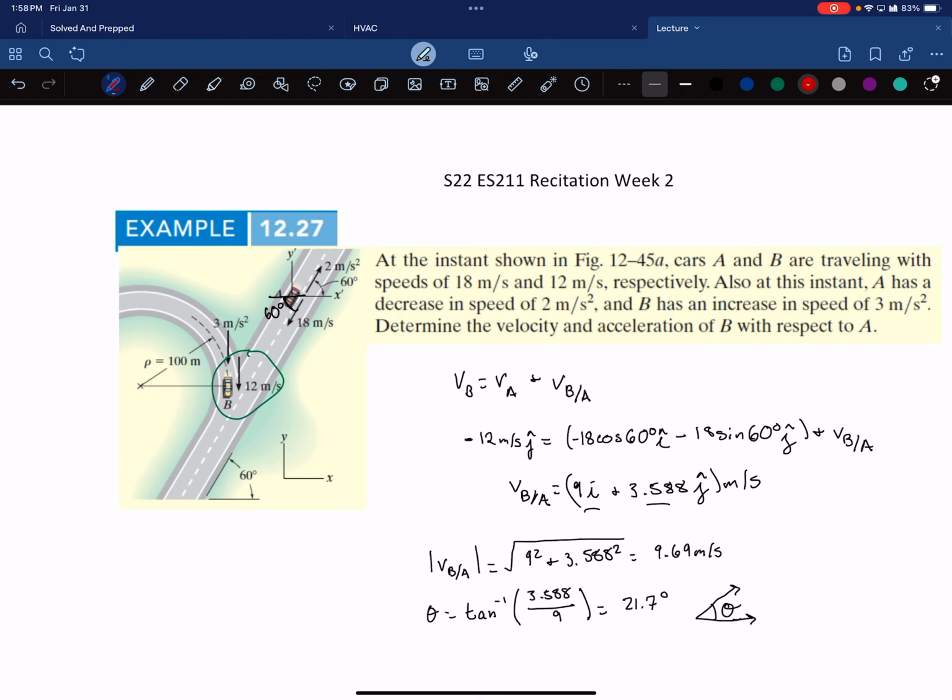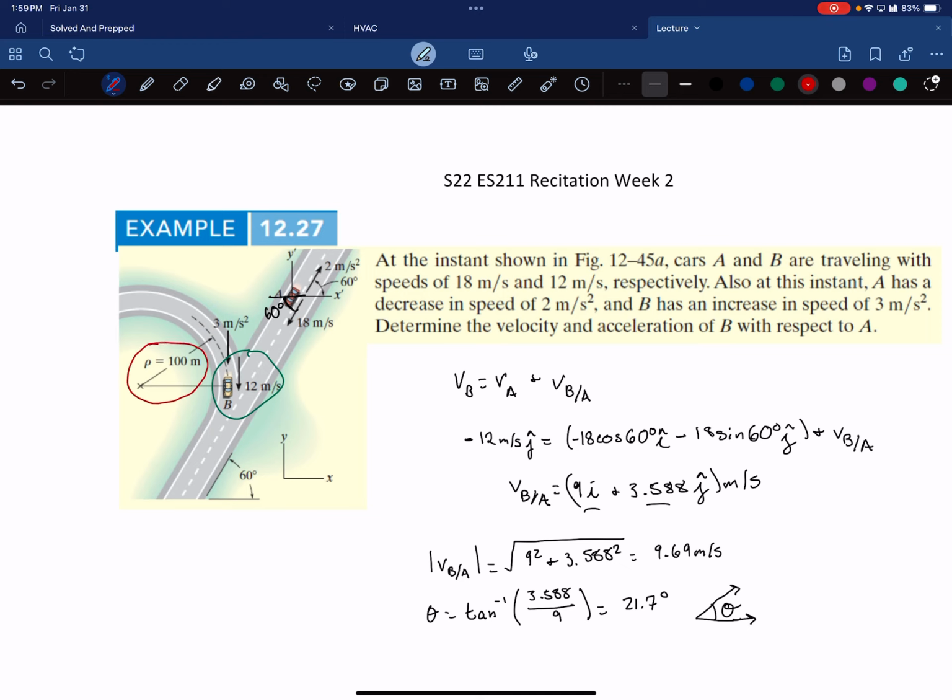And then car B, we're told, has an increase in speed of 3 meters per second squared. But it's also coming out of a curve, and we're told that that curve has a radius of curvature of 100 meters.